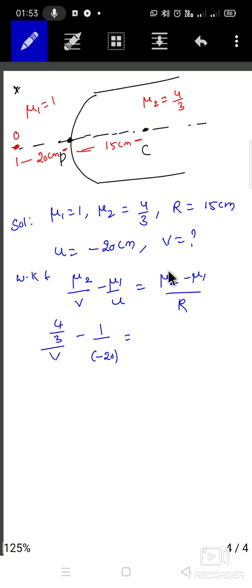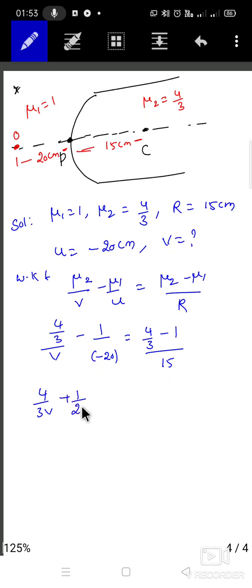That equals mu2, 4 by 3, minus 1, by r, and r is 15.